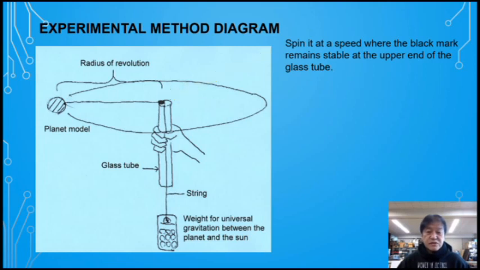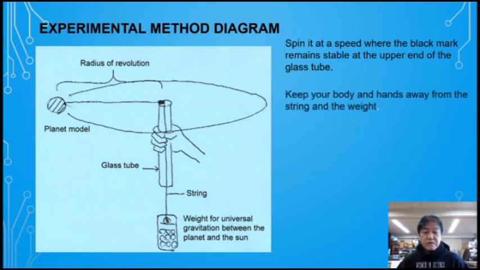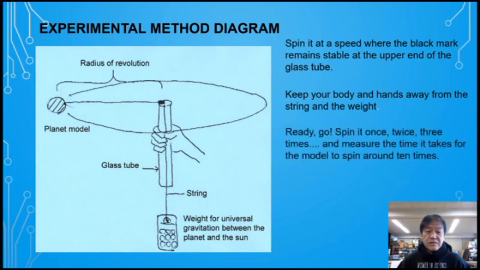If it's too fast, the part with the black mark will come out of the glass tube. If the revolution is too slow, it will be hidden in the glass tube. Don't touch the string or weight. When the revolution settles, measure the time it takes for 10 revolutions.